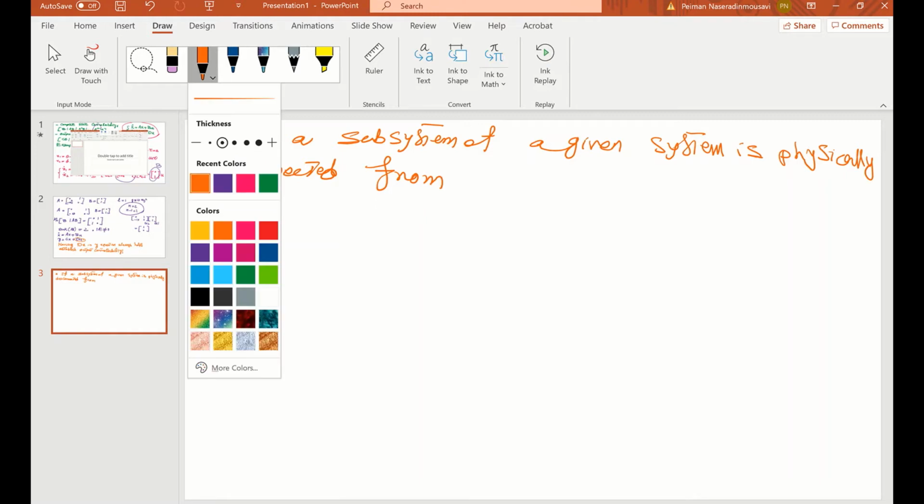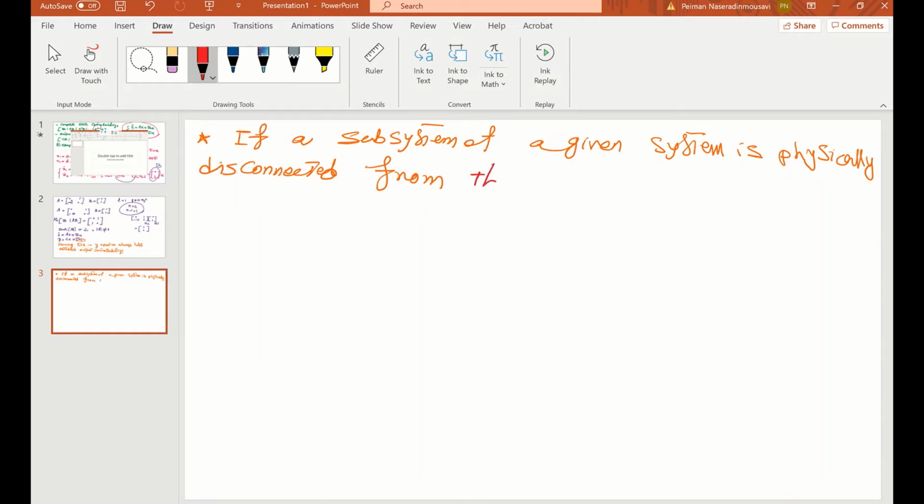I'm changing the color to emphasize. From the input, meaning control input U, the system is uncontrollable.